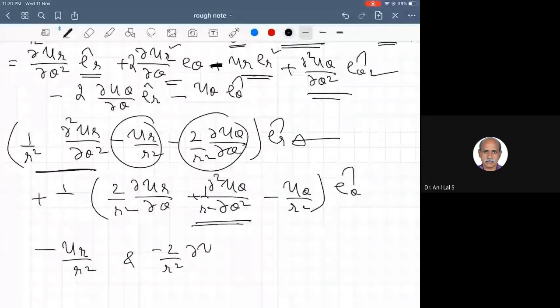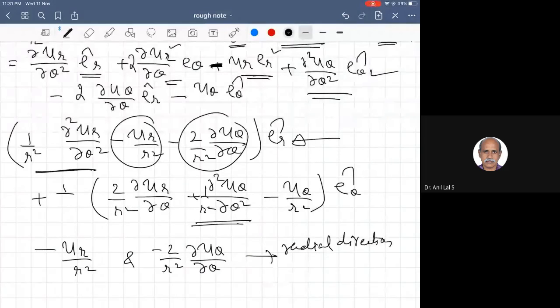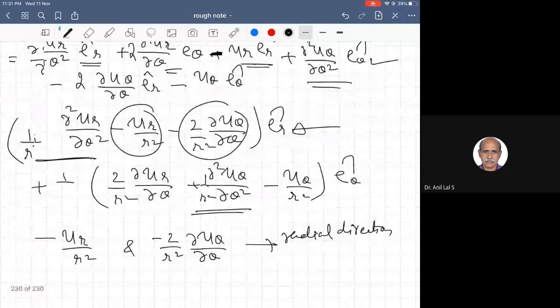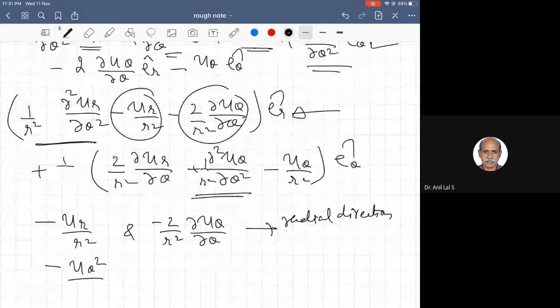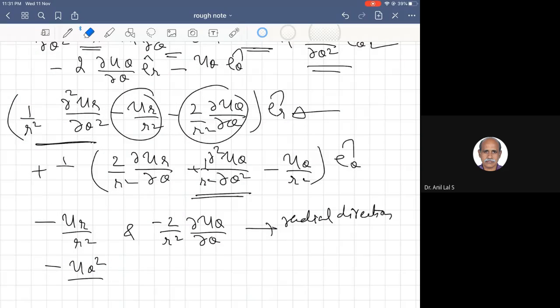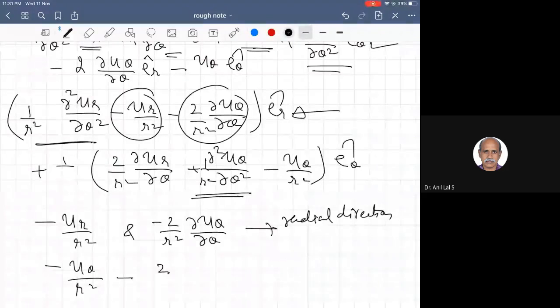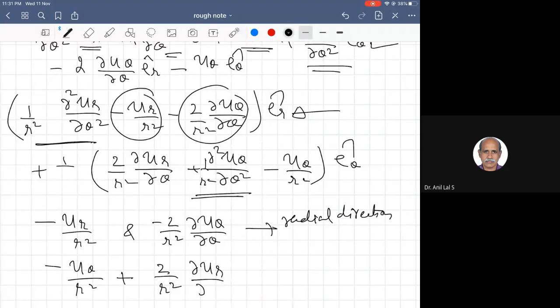And in the tangential direction, minus u theta by r squared plus 2 by r squared dou ur by dou theta. So these are the extra terms.